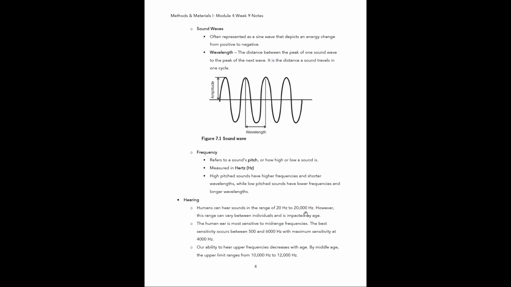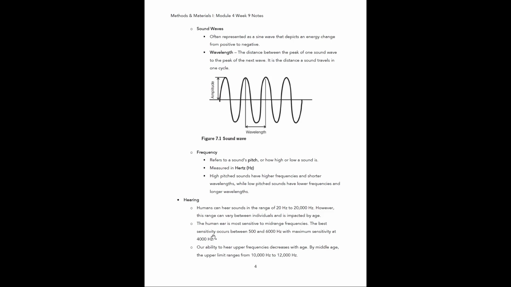That's exactly what this is talking about. As we get older, our ability to perceive higher frequency sounds degrades. But the common range that you will hear in your lifetime is between 20 hertz at the very low end and 20,000 at the very high end.